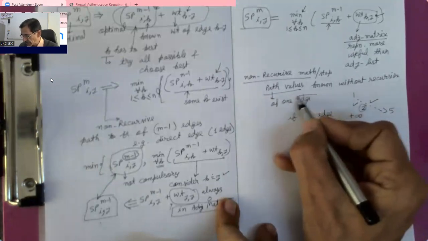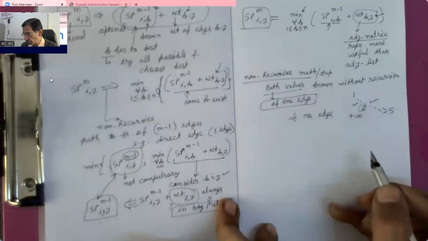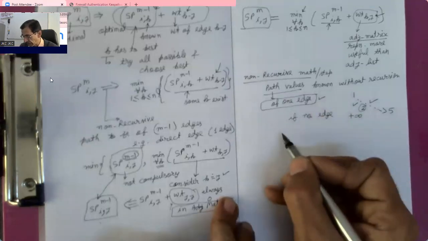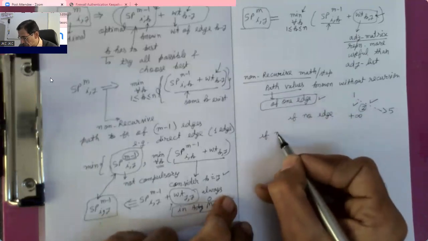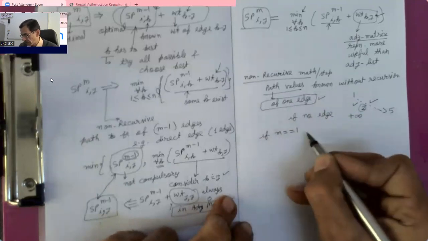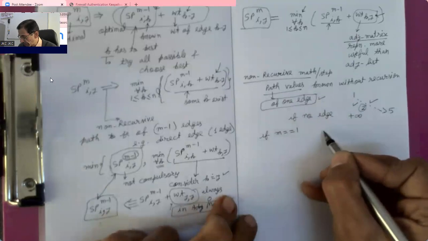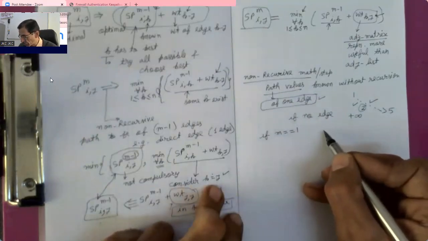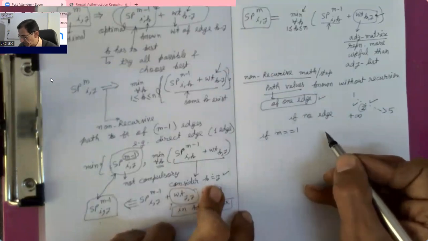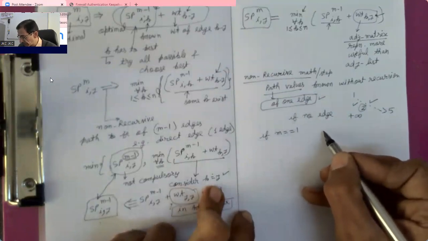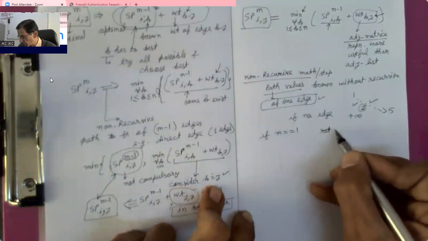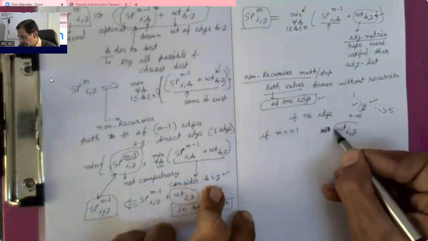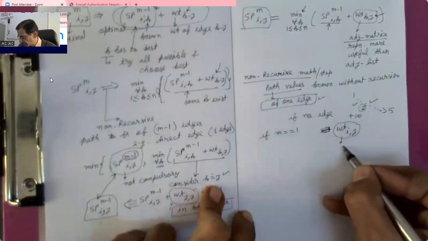So I can easily see for one edge, no calculations, no recursion, no optimization needed. It is straight. That will mean if m equal to 1, the value of SPM ij will be directly equal to the weight of ij, if the edge exists.